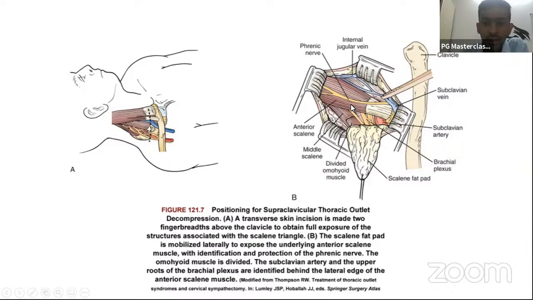And occasionally the phrenic nerve could also be part of the scalene fat pad, which has to be carefully dissected and separated. So the phrenic nerve is the anterior most structure here, which lies anterior to the scalenus anterior muscle. In some cases, there can be an accessory phrenic nerve, or it can be in part entrapped within the muscle belly of the scalenus anterior muscle, which is a very important thing to note.